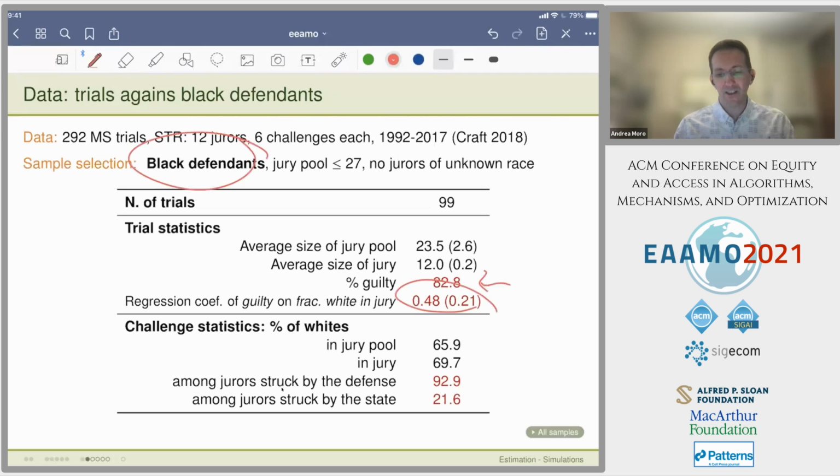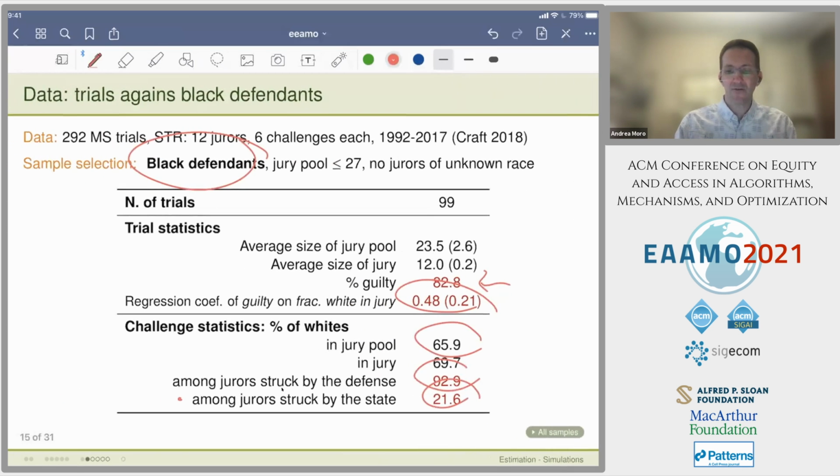And then in terms of challenge statistics, the behavior strongly depends on race. There's about 2/3 of whites in the jury pool, but over 90% of whites are among those struck by the defense. And among the jurors struck by the state, only 20% are white. So that's a sign that the parties really believe that the groups are polarized in their preferences for conviction.